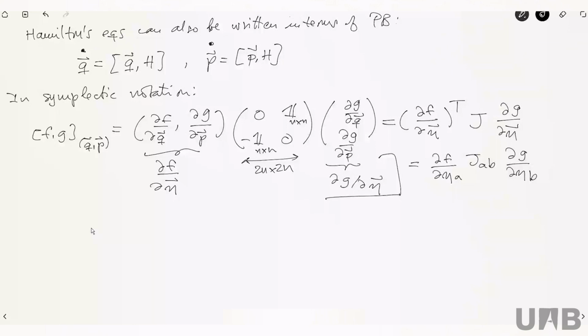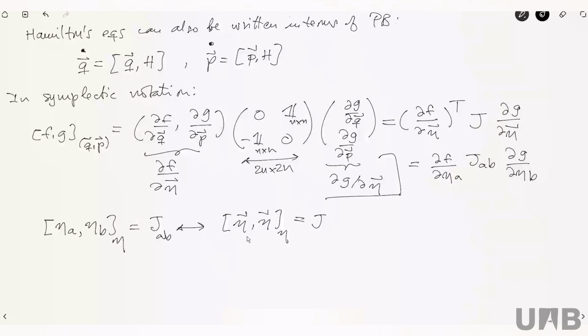Now, the previous Poisson brackets of Q with Q, Q with P, and all that, can also be written in condensed notation as the Poisson brackets of eta A, eta B, and with respect to eta itself this is actually J. So this is sometimes written J A B. This is sometimes written as eta with eta equals the matrix J. So this is what it means.